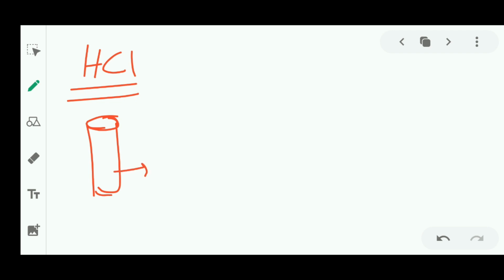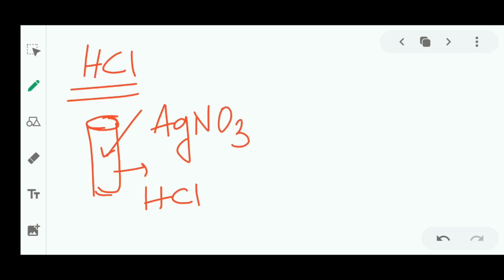So HCl is taken. Next, in that test tube, silver nitrate solution is added. Silver nitrate is AgNO3. Then you need to shake the tube.